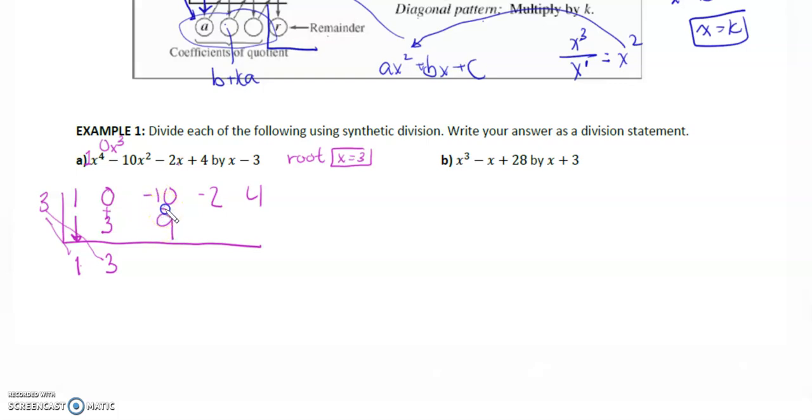Negative 10 plus 9 is negative 1. Multiply down, I get negative 3. Negative 2 plus negative 3 is negative 5. Multiply down, I get negative 15. 4 plus negative 15 is going to be negative 11.